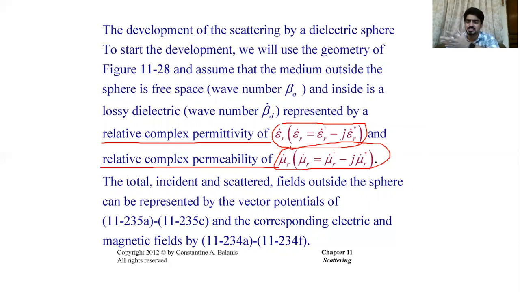For the external region, we defined some vector potential. Similarly, now inside the sphere, we will also have waves which are going to be non-zero. Previously it was PEC, so fields were zero. Now we have fields inside the sphere, and those fields are going to bounce back and forth. So those vector potentials are going to be something similar to spherical Bessel functions.